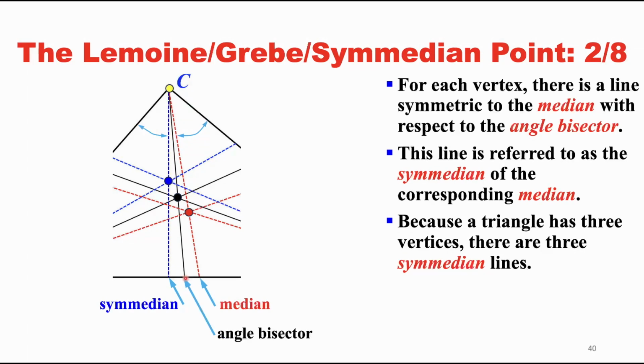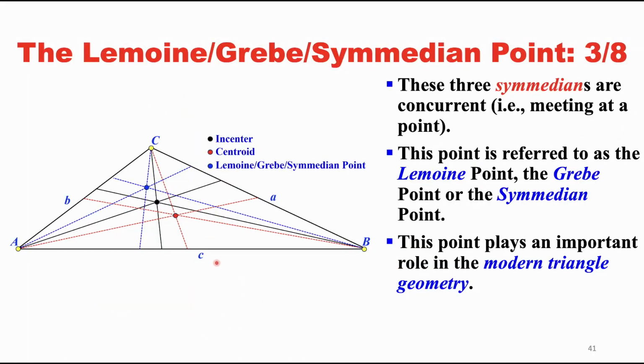Because a triangle has three vertices, and each vertex has a median and an angle bisector, of course, there is a symmedian for each vertex. These three symmedians are concurrent, that is, meeting at a point. So here, this symmedian is symmetric to this median with respect to this angle bisector.